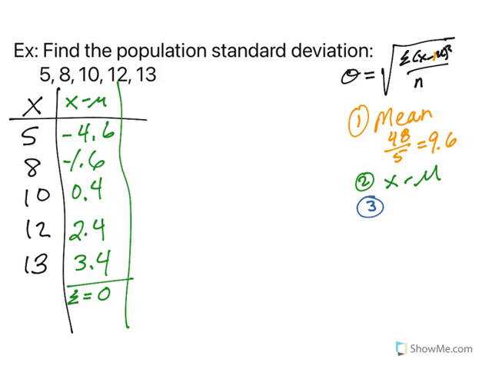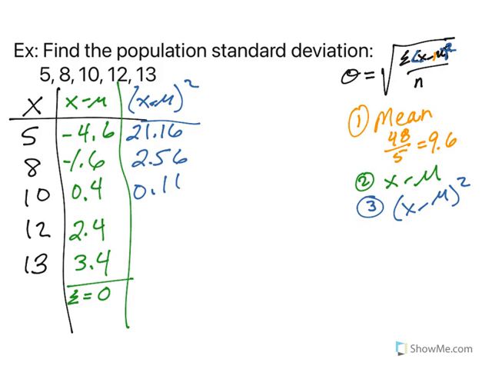Third, you'll notice in the numerator, I need the x minus mu squared. So that's my next column. I'm just going to square the x minus mu column. Anytime you square something, you're multiplying it by itself, so it's going to be positive. Negative 4.6 times negative 4.6 is 21.16. As I go through, 1.6 squared is 2.56, 0.16, 5.76, and 11.56.